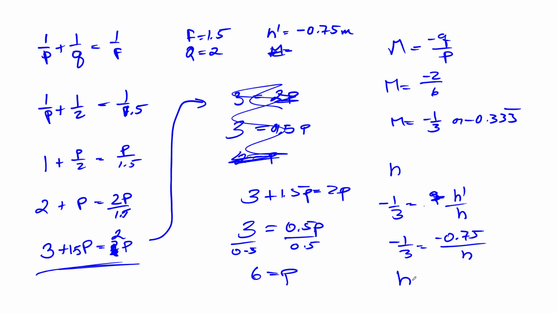So H is equal to negative 3 times negative 0.75. And we should get 2.25 meters as the height of our object. There we go.